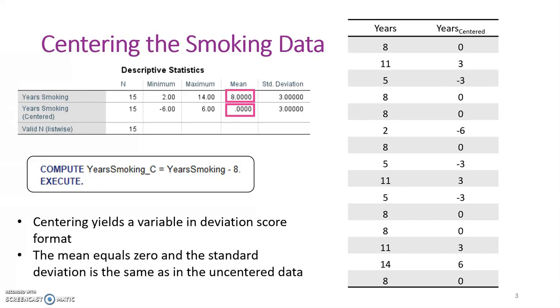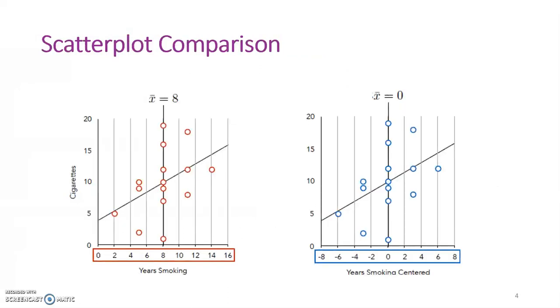Let's take a look at what a comparison of the scatter plots would look like. The scatter plot on the left is the scatter plot when we had the raw years smoking variable. And this is what the data look like. So we've got years of smoking on the x-axis and number of cigarettes per day on the y-axis. The mean now for the x variable, years smoking, is equal to 8.